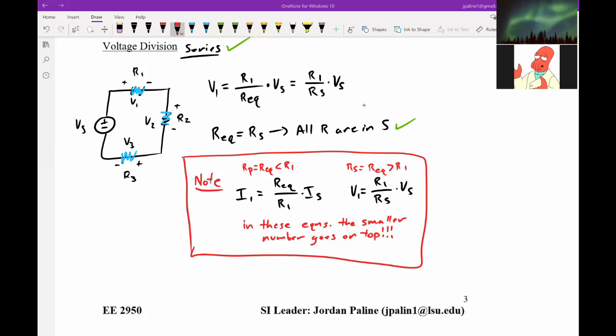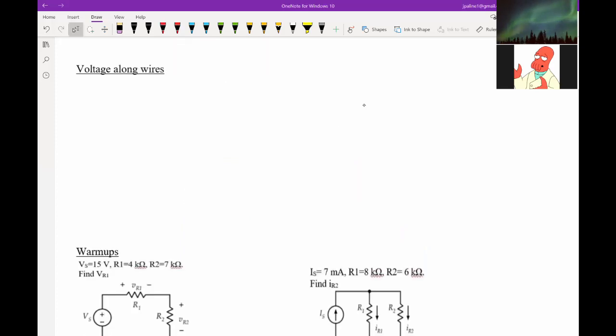Okay, there's one more concept. Apologies. So voltage along wires, they are the same until reaching an element.